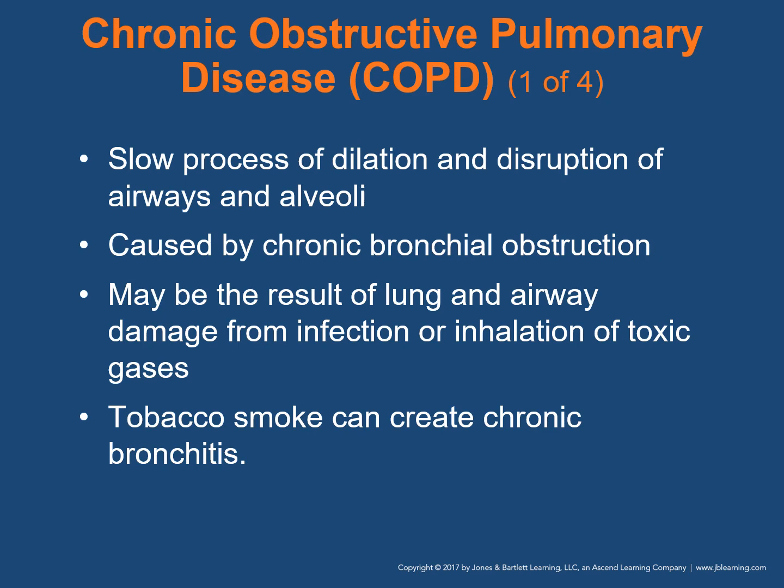So COPD is kind of a generalized term for chronic bronchitis and emphysema. Most people have both, not usually just one, but they might have predominantly emphysema with some chronic bronchitis. Most people have a mixture of both.